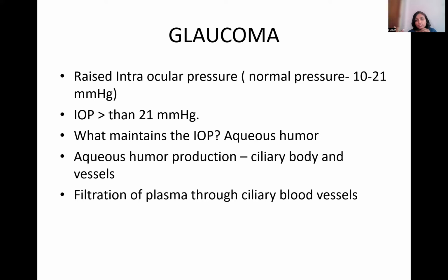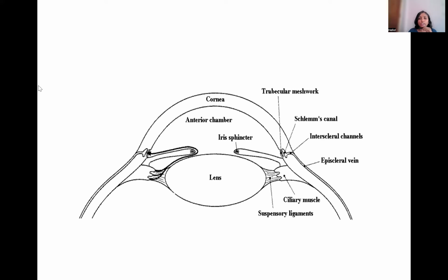And where does this aqueous humor come from? This aqueous humor comes from the ciliary body and the vessels associated with it. If you take a section like this, you can see the iris here. You can see the ciliary body with the ciliary muscles and the suspensory ligament. The ciliary body consists of certain vessels, that is the ciliary vessels.